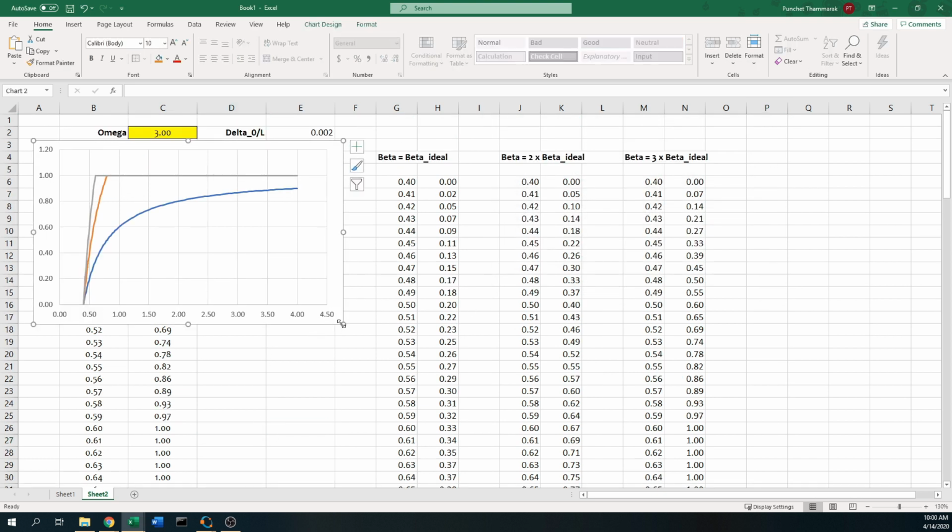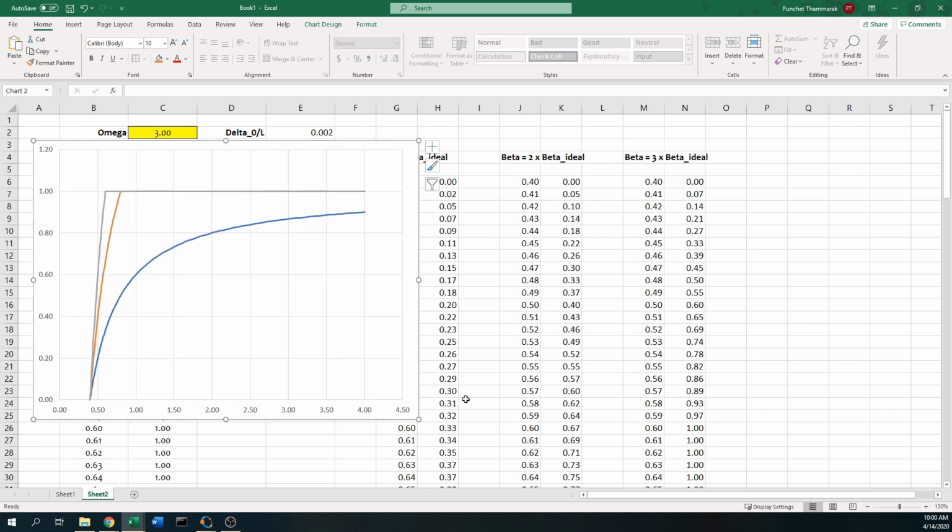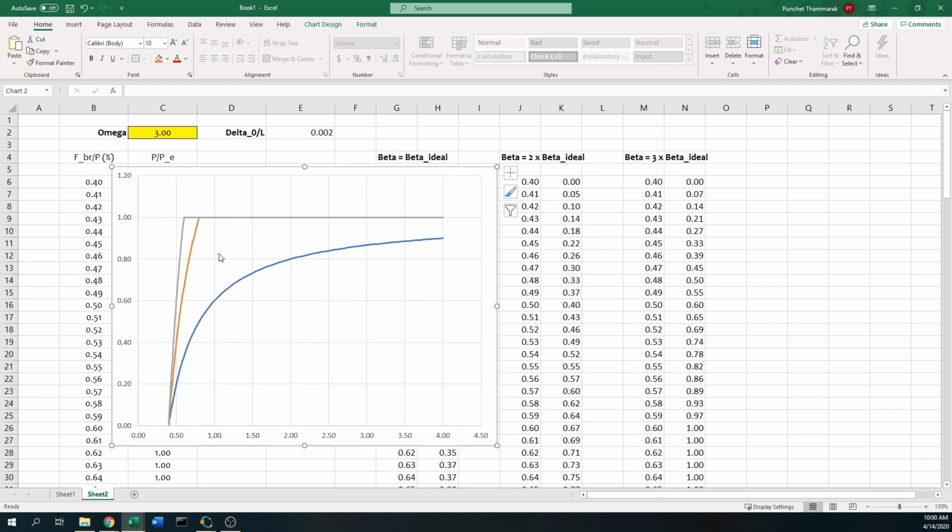Okay. So now we can see the issue is quite clear from the point of view of the bracing force. The horizontal axis depicts the bracing force. This starting point here is going to change if the initial out-of-straightness ratio delta naught over L is changed from 0.002, which is in fact 1 over 500 of L. Generally, this is the number given by ASTM, so it is fixed to be this one, right?